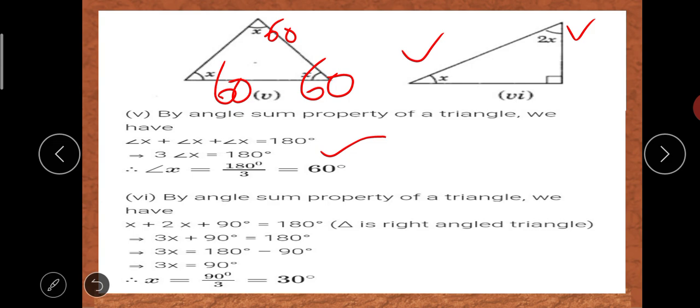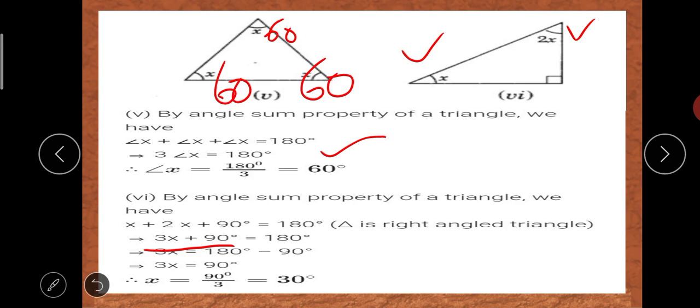So what is given here? It's given x plus 2x plus right angle means 90. So it will be x plus 2x plus 90 equals 180. Now add it. x plus 2x will be 3x plus 90 equals 180.